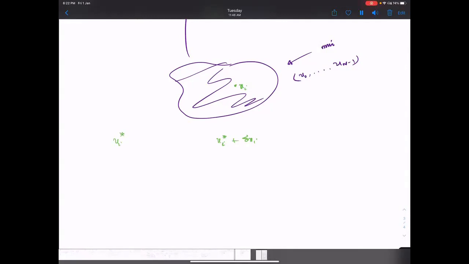So basically what you need to find out is, when you perturb the control, does this cost become greater than or equal to the cost at u_i star? Now this would be true for all delta u_i such that u_i star plus delta u_i is in the permissible set.